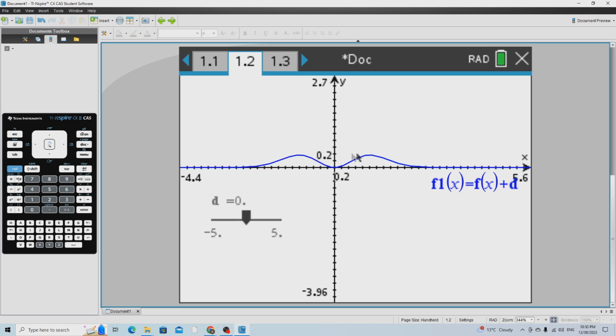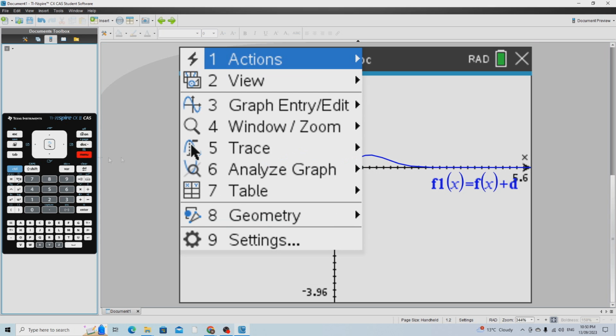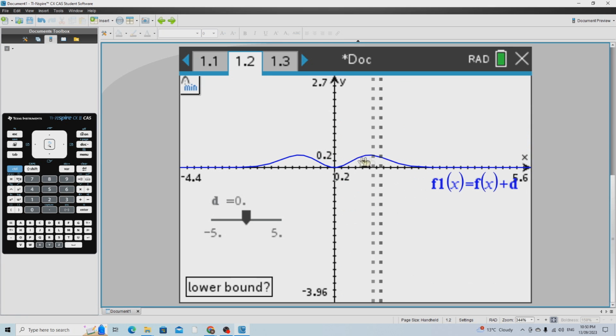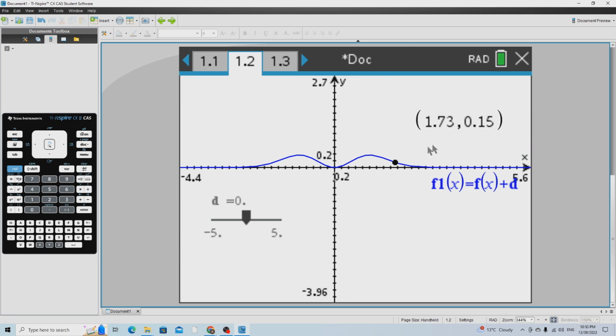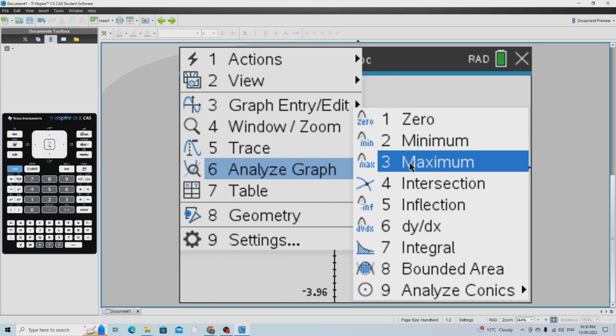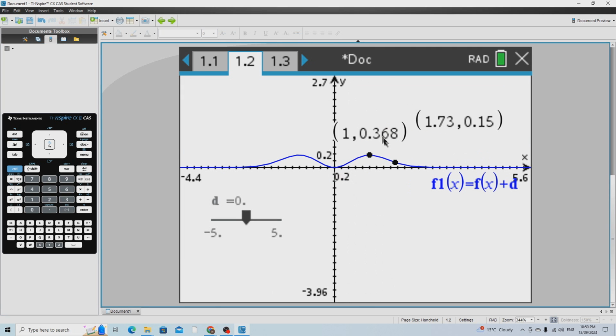If we're going to translate this down, we want to translate it down past its local max. We know this local maximum here is 1 over e. If I say d is negative 0.368, we pretty much translate this graph down.